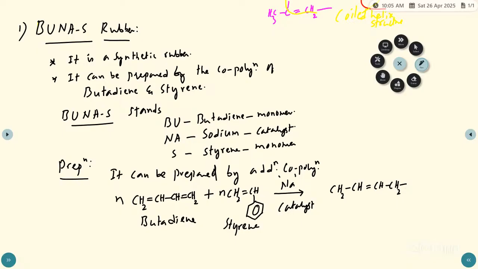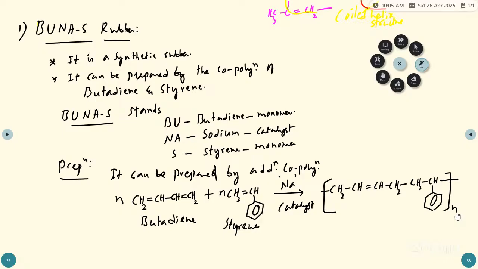Okay, and this is the butadiene unit. That butadiene unit links with styrene. A double bond remains here. CH2 single bond CH and this benzene ring. This is the way of writing the polymer.